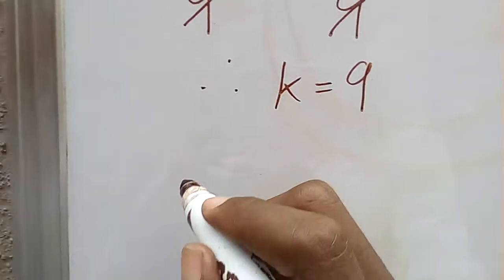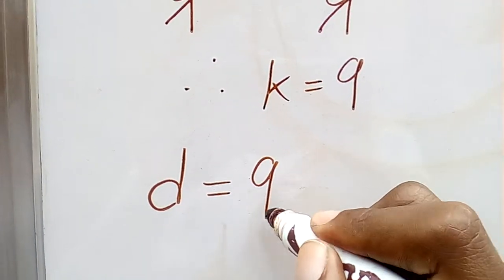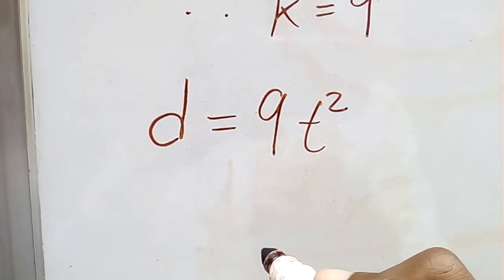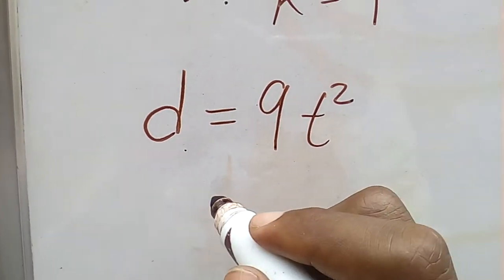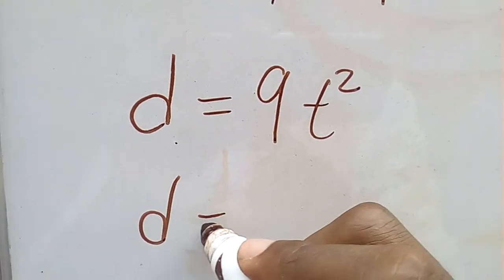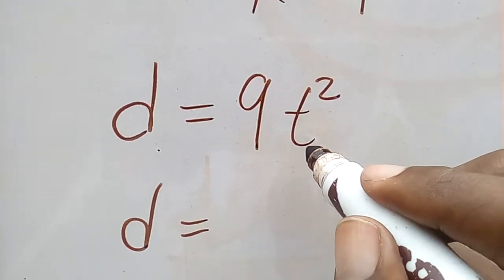So d equals 9t squared. Now the question asked us, what's the distance it will fall through if the time is 6 seconds?